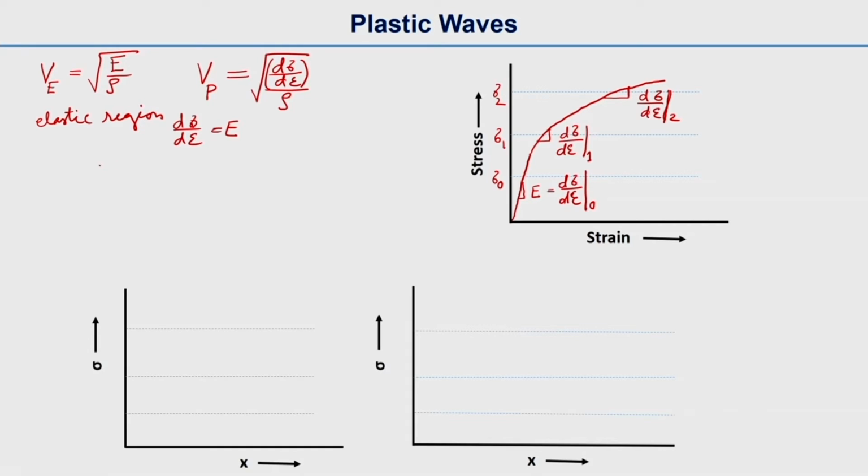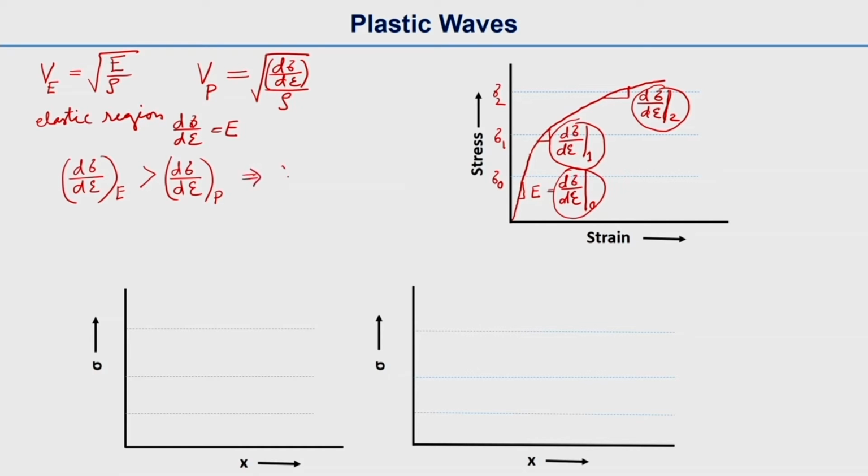Also, what we can see from elastic and plastic is d sigma d epsilon for elastic, which is this one, is higher than d sigma d epsilon plastic. So both of these are smaller than the elastic slope.